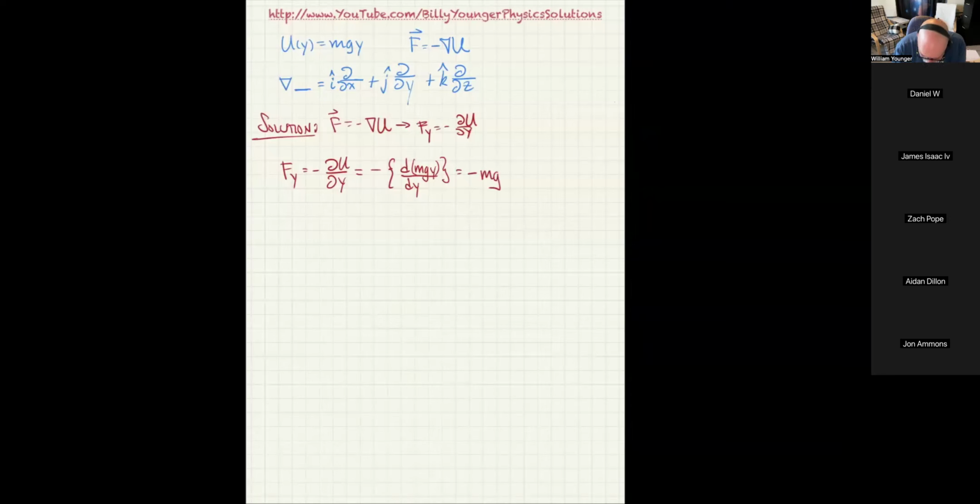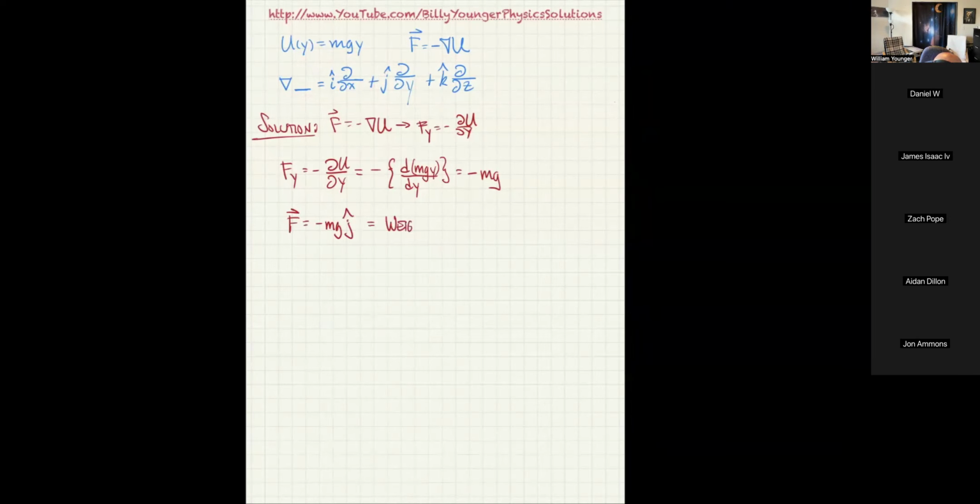And if you look again at this formula, you see that this term is what we're dealing with. So I should just take that number and put it next to j hat, and that'll make the force. So finally, you see F is equal to negative mg and then j hat, which is exactly the weight.